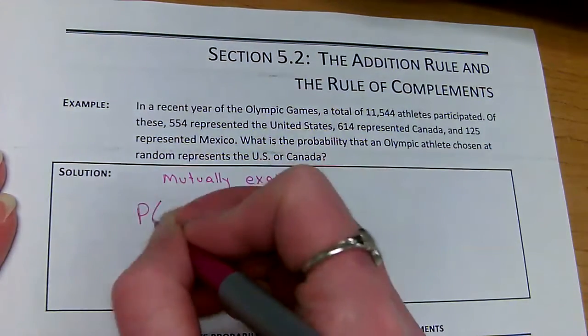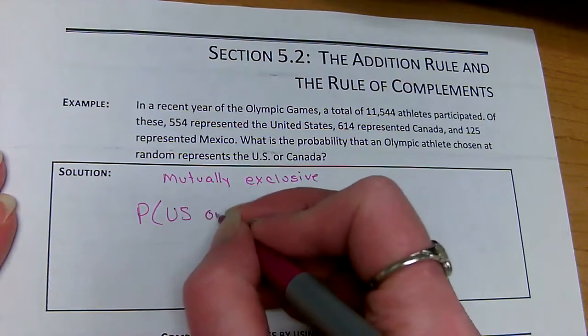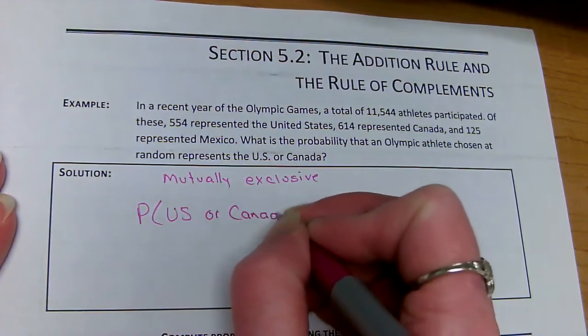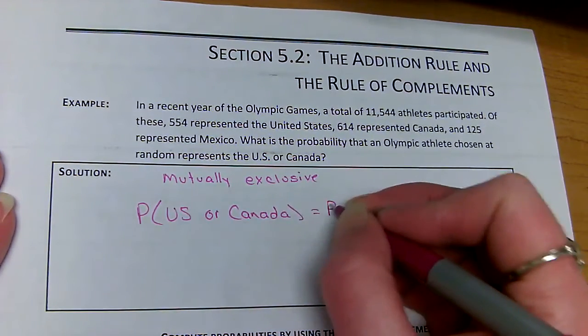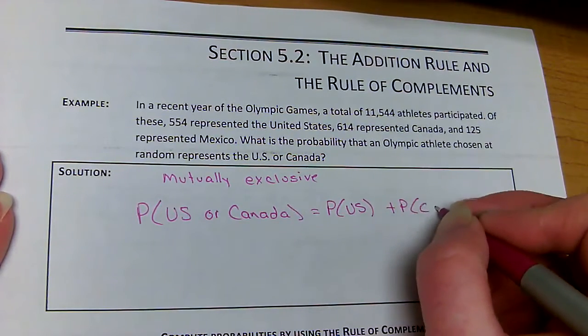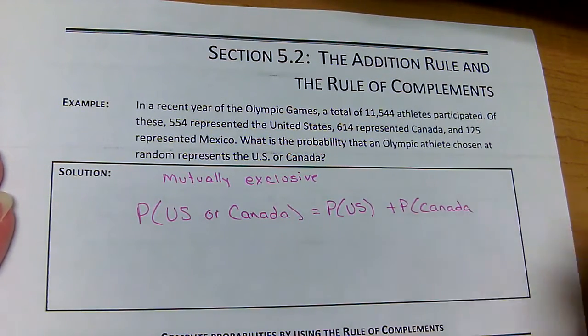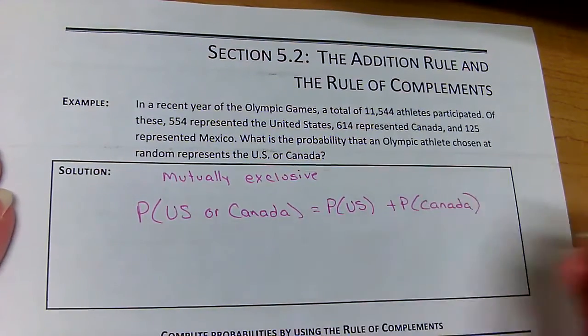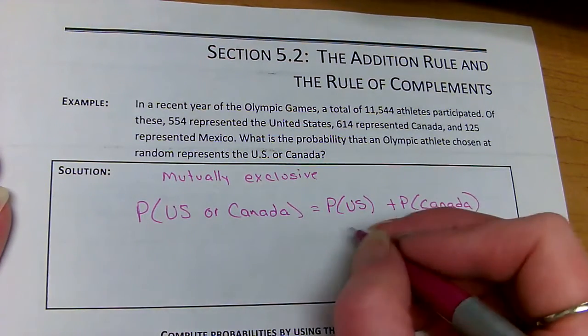So if I'm finding the probability of somebody from the US or Canada, that's just going to be the probability of being from the US plus the probability of being from Canada, or representing Canada, should be a better word. There's not an overlap. They can't represent both.